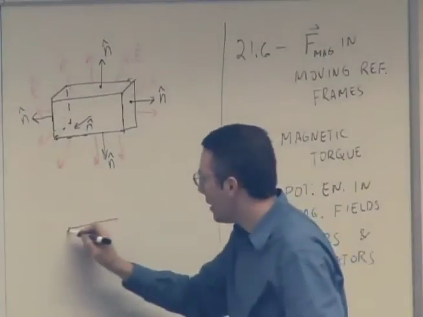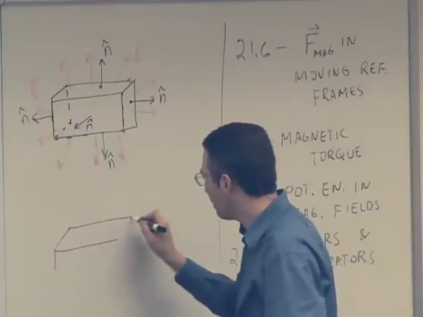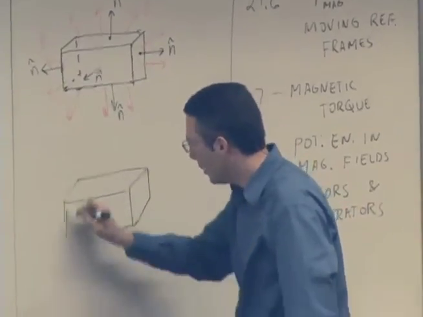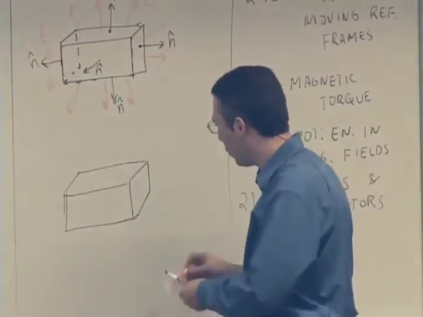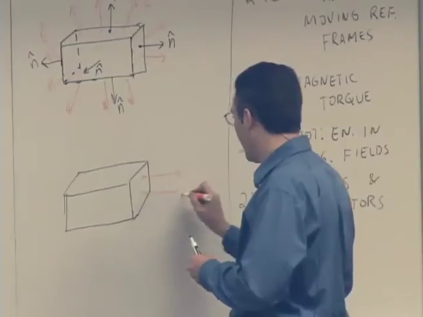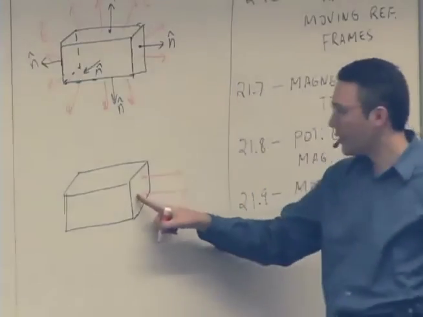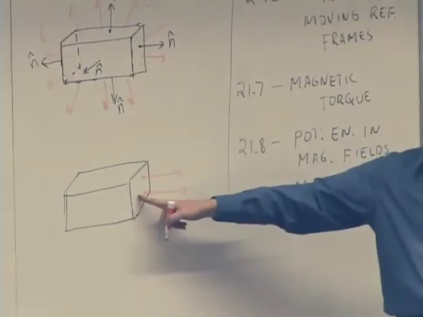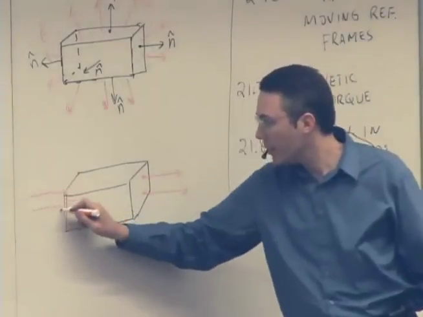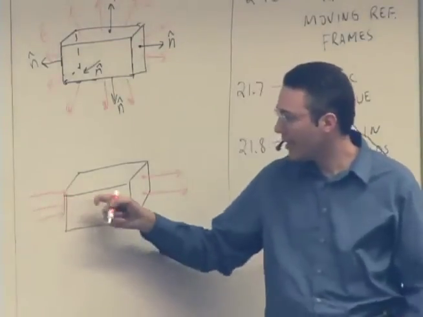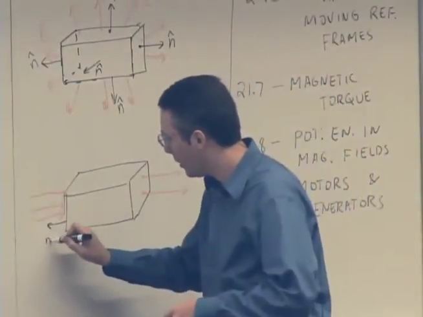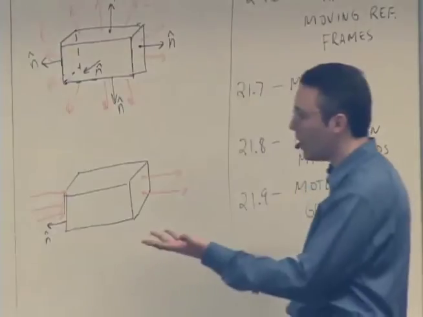And then when we had the case of the capacitor, you had electric field on one side pointing in this direction. So the flux on this right side was what sign? Positive. The flux on the left side was what sign? It was negative, right? Because the electric field was pointing in, n hat was pointing out. So that was in the opposite direction.